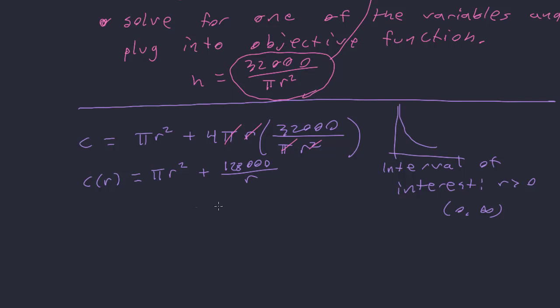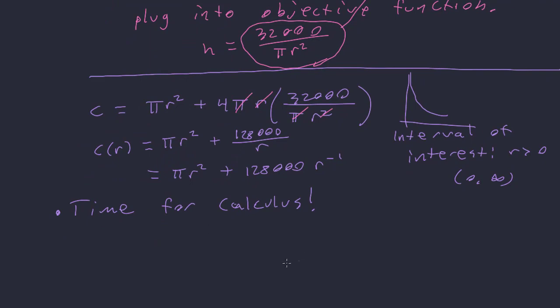All right, now it's time for calculus. Now we're going to try to minimize this function, and I'm going to start by rewriting this as r to the negative 1. I try to say this a lot, but in this module for applications of the derivative, if you're not taking a derivative at some step, you're probably doing something wrong.